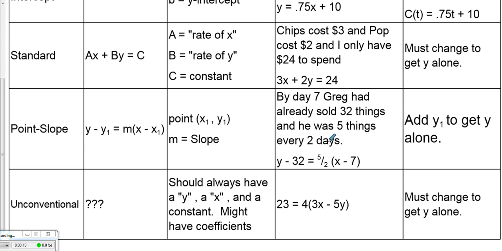So if they give you a rate, 5 things every 2 days, and they give you some point, by day 7 he sold 32, well, we have a point, we have a slope, or a rate, so now we can fit things in. y minus the 32, that's how many things he already sold, equals our slope, 5 every 2, times the amount x minus 7, the first x value we were given, the first day we were on.